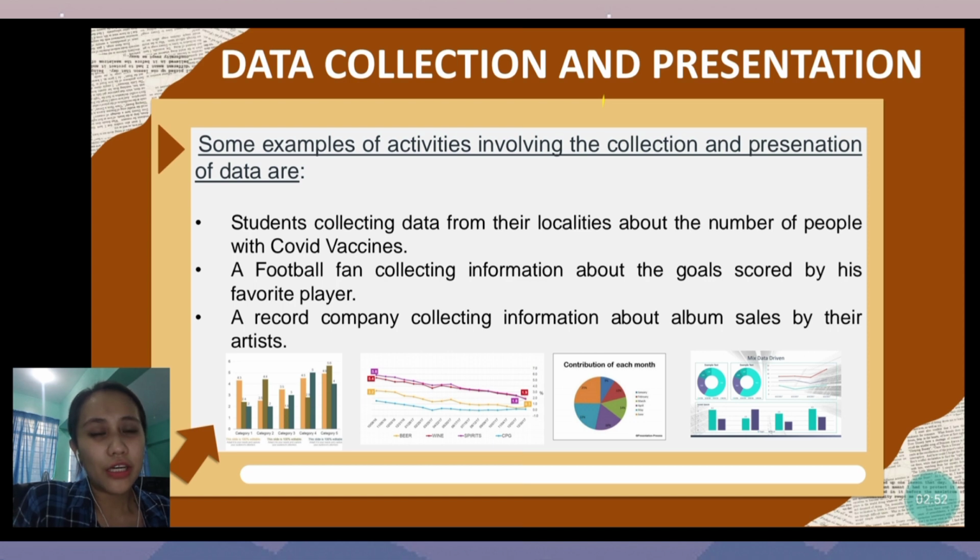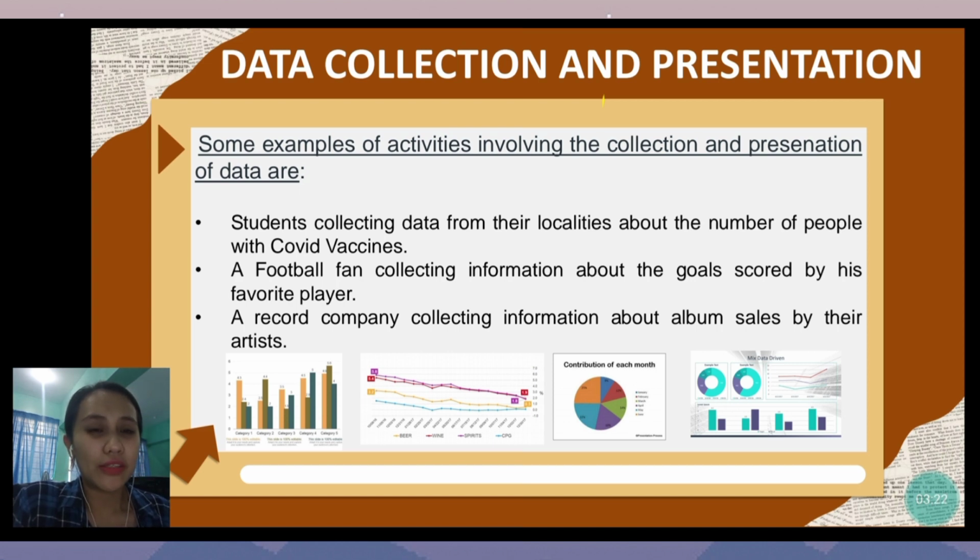Second one, a football fan collecting information about the goals scored by his favorite player. There we can see that a certain fan is gathering information in order to know the score obtained by his or her favorite football player.